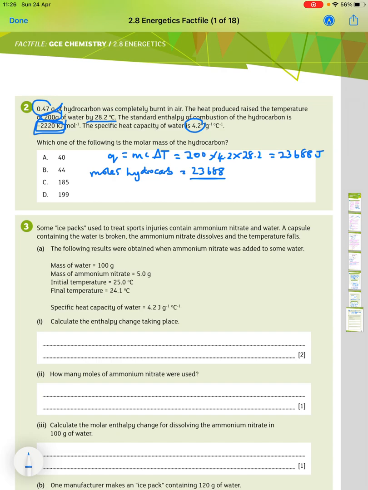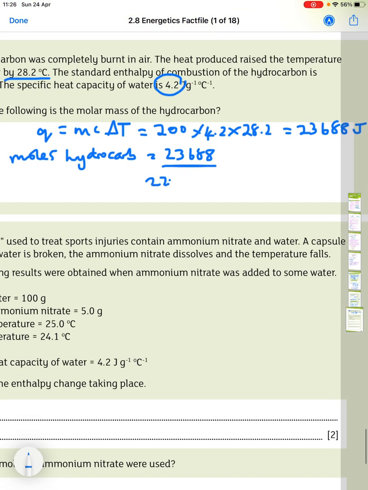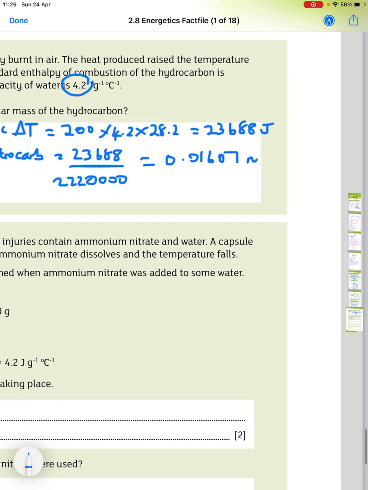It's given here in kilojoules, so we have to convert that to joules. So that becomes 2,220,000. So that means we have 0.01607 moles.